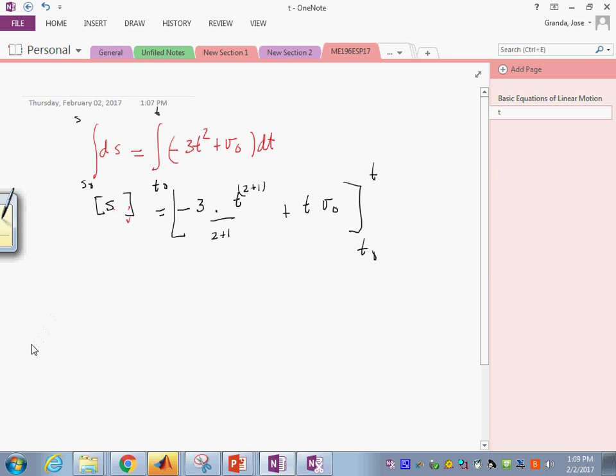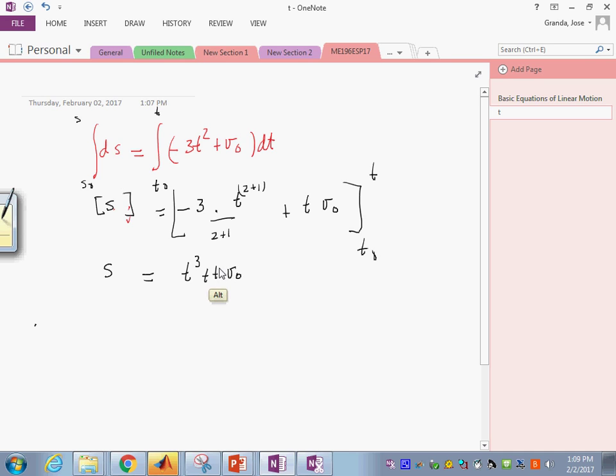So this would be s. The position is going to be minus t to the third plus t times v sub 0.